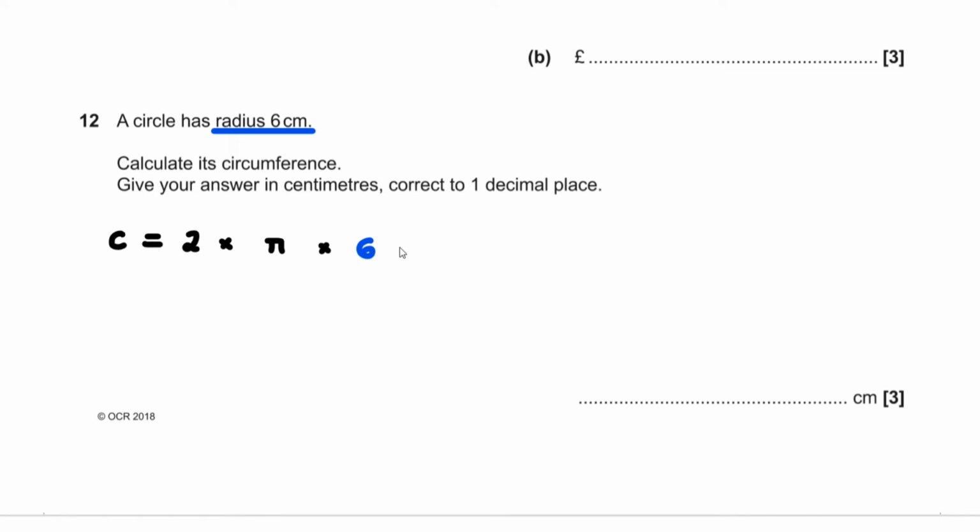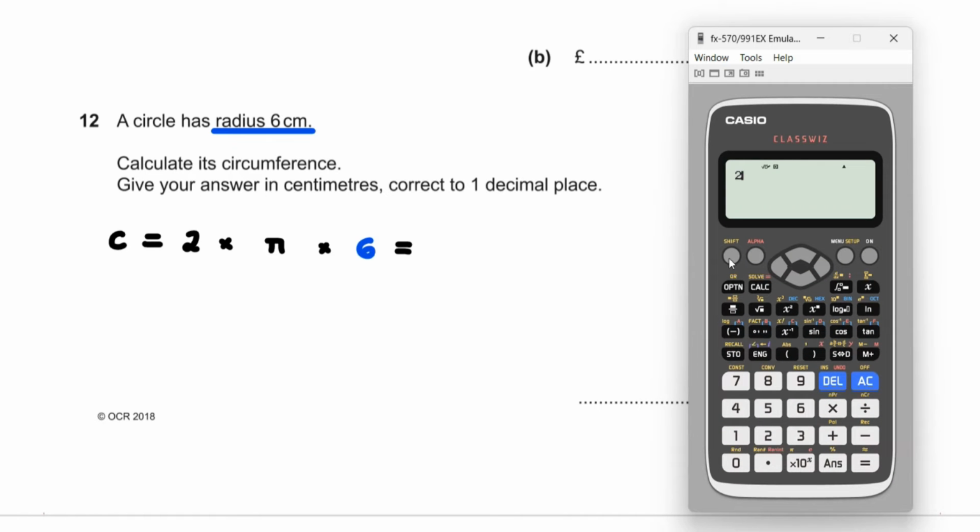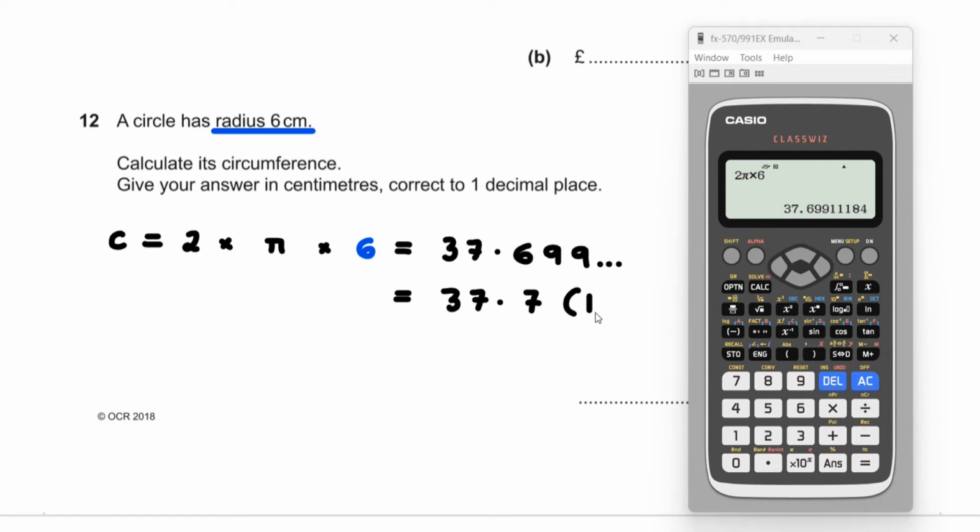So if I work out what this is equal to, 2 pi times 6 is 12 pi, and as a decimal we get 37.699, etc. Which to 1 decimal place we have 37.7.